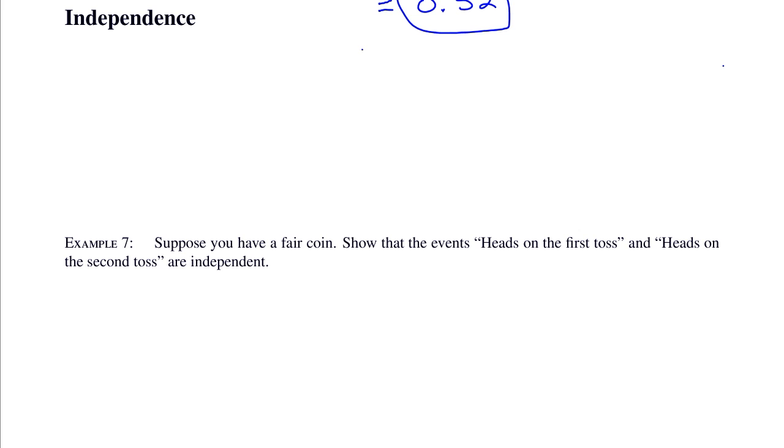If one has no bearing on the other, they are independent. So basically it comes from the following. If you look at the probability of A intersect B, this should be the probability of A times the probability of B given A.